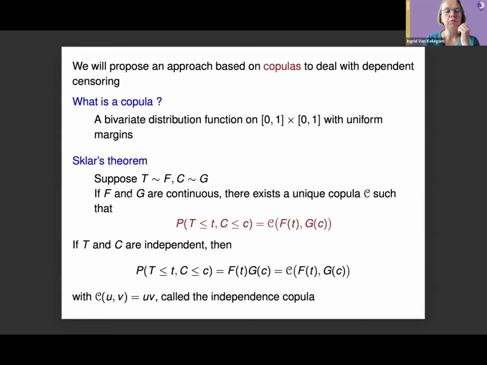And so in particular, if you have independent random variables, then of course the bivariate distribution is a product of the margins. So it means that the copula is simply the product of the two arguments. So that's a very special case, but you might have other copulas.